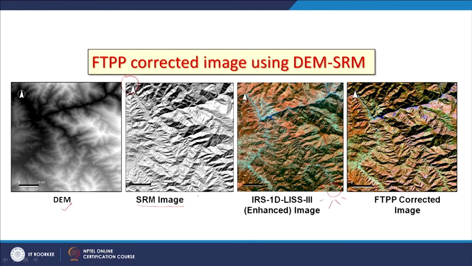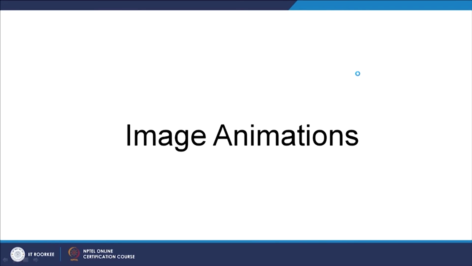After using this one and this one, a new product has been created where the illumination source is here, the satellite image is here, and of course in the background you have the shaded relief model or digital elevation model. So a problem can be solved very easily by doing integration in a different way.